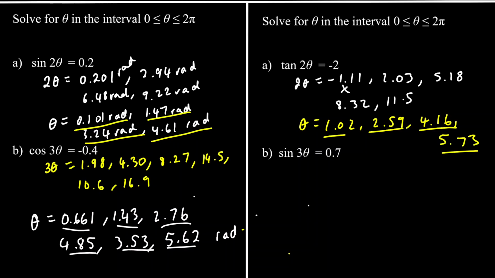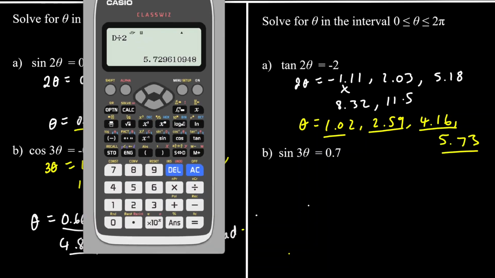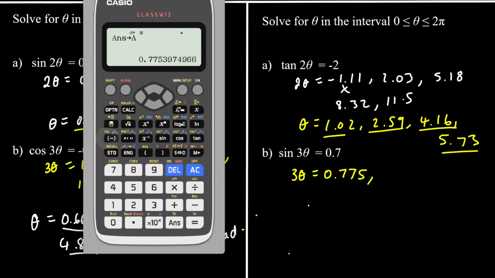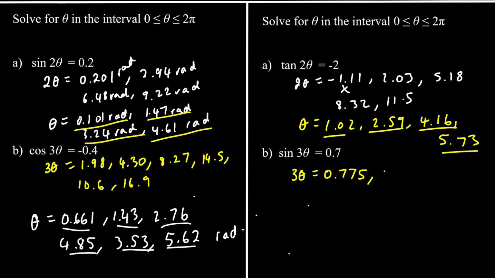And the next one, so shift sine 0.7, which is 0.775. Store as A. Pi minus the first answer is 2.37.